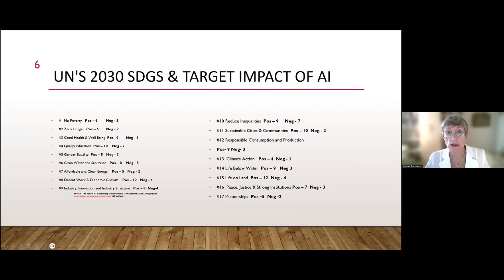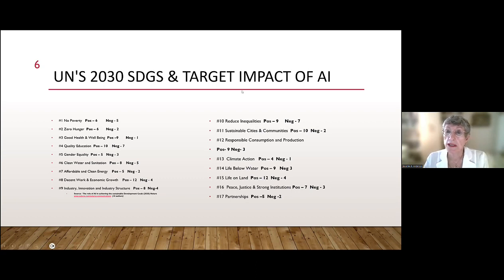The last two speakers talked about quality education. If you look at the Nature article, they believe that 10 of the targets associated with quality education would be positively impacted by AI, and this was what the speakers were talking about, all the positive impacts. You also see in SDG 11, Sustainable Cities and Communities, this was one where it was overwhelmingly positive, according to the experts that wrote the article for Nature.